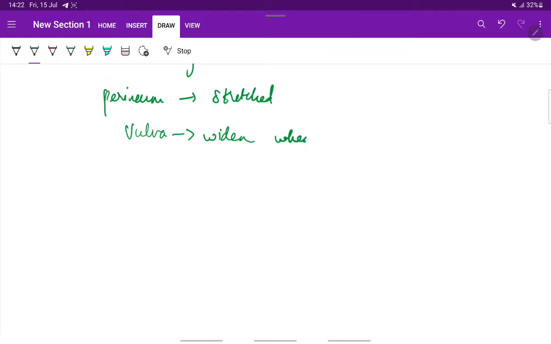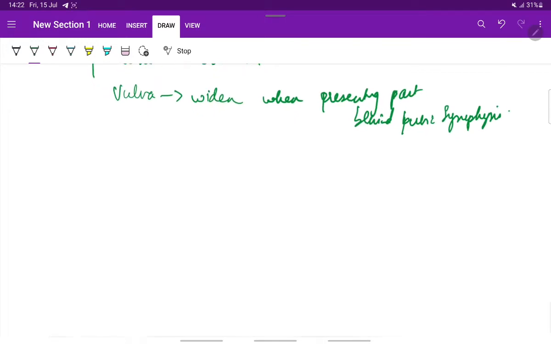When the presenting part comes behind the symphysis pubis, this is called as crowning.